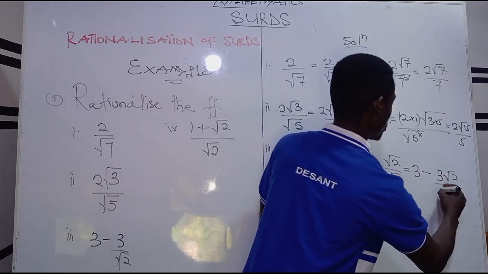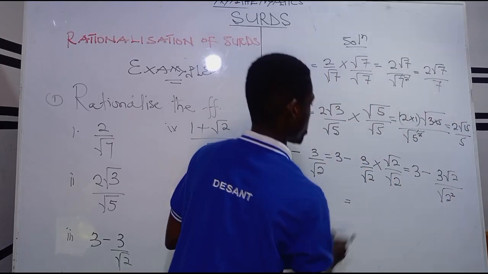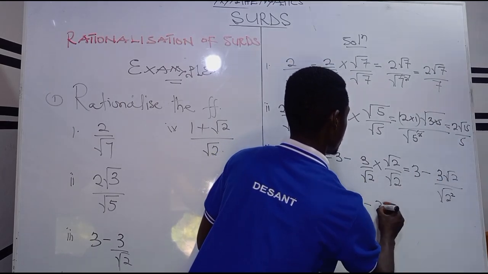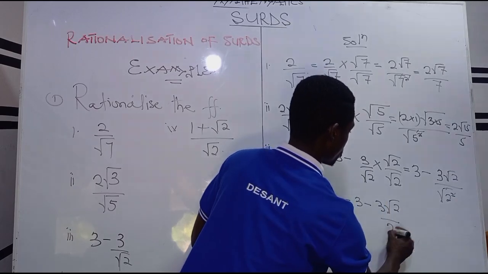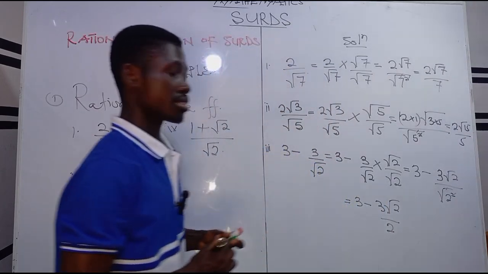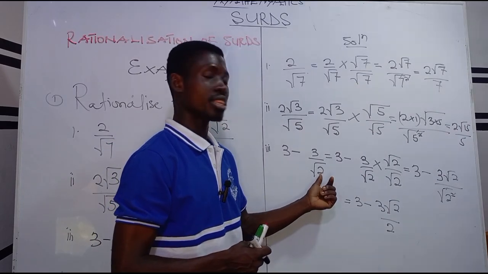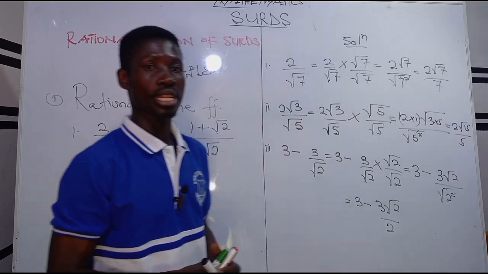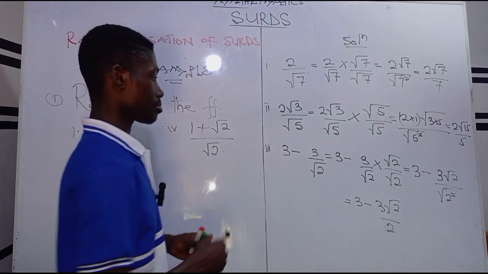Now this one will give us what? Root 2 squared. Good. Let's continue from here. So we are going to get 3 minus 3 root 2 all over what? 2. We are done. Our intention is to make what? The denominator of the fractional set a whole number. And we are done with it. You can continue and then simplify, but you can leave your answer in the raw form.